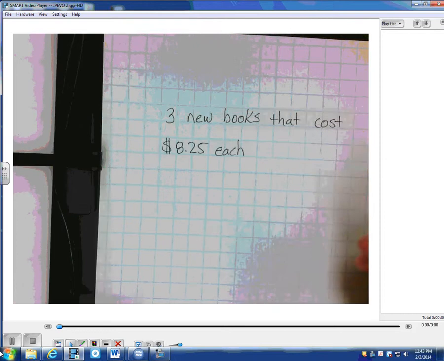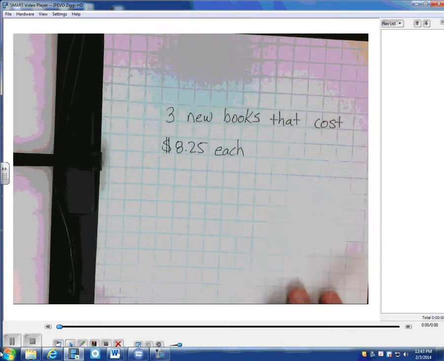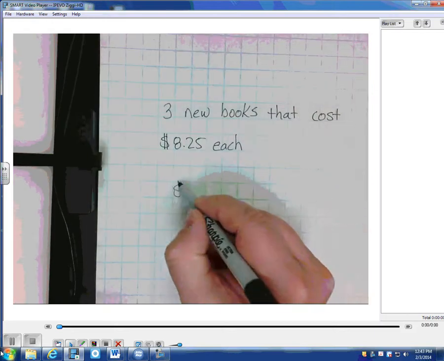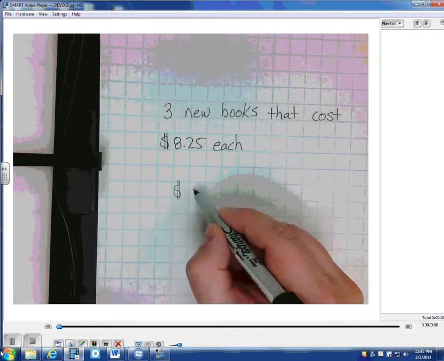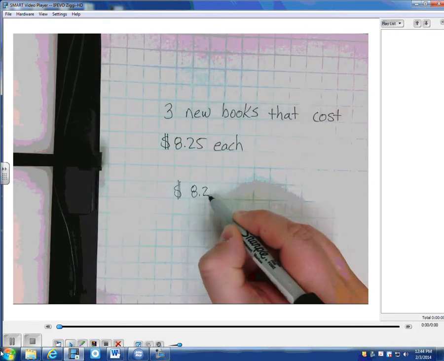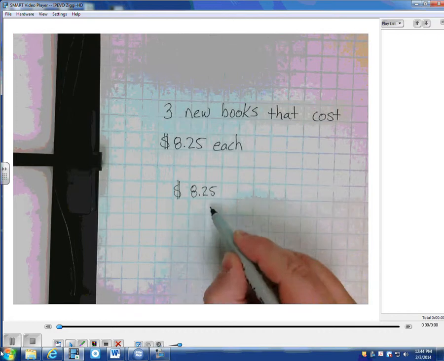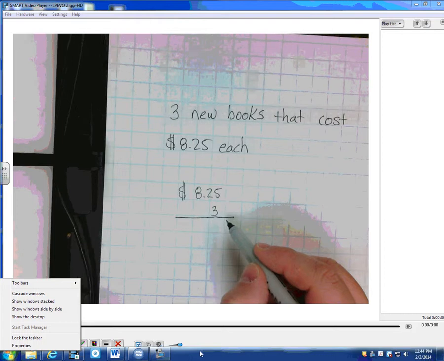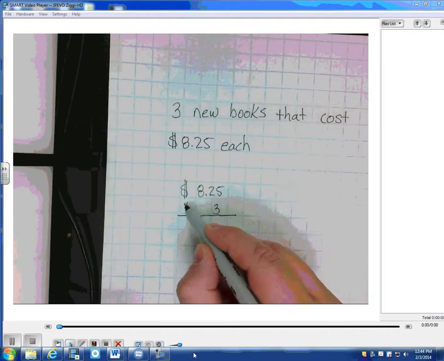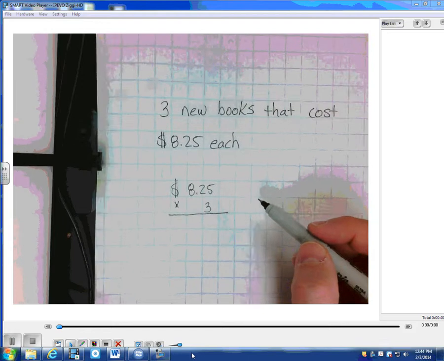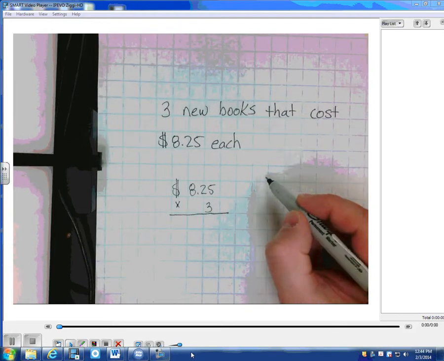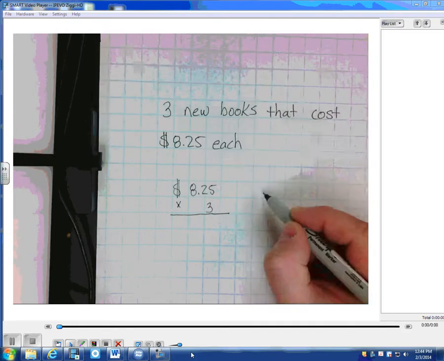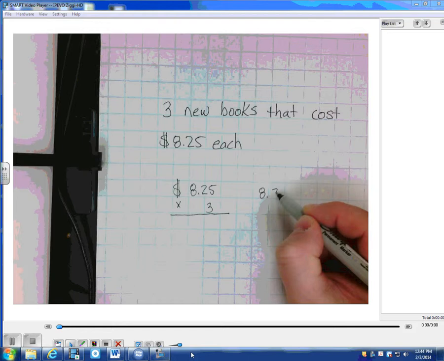There are 2 ways we could do this problem. One way is we could multiply. I know each book costs $8.25, and I know there are 3 of them. I could multiply that and find my answer that way. Or I know that the 3 books cost $8.25 each. So I could say, well, one book is $8.25.